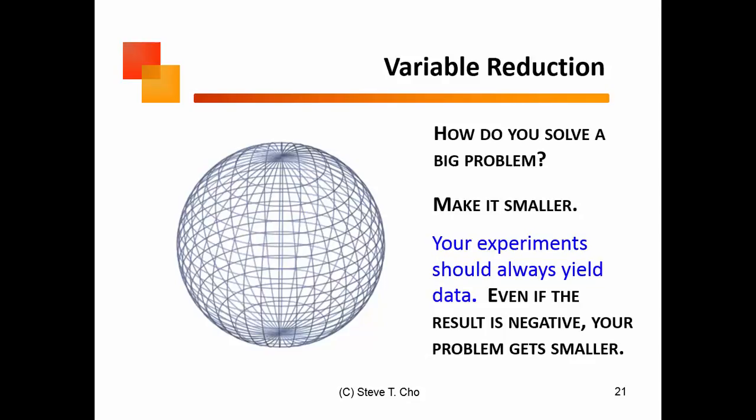The next part is when you do experiments, and this is where you have a lot of bad experimenters, and PhDs are among them. PhDs tend to like to play, and they don't design experiments well. The key to designing a good experiment is no matter what the outcome is, it yields data. You learn something.